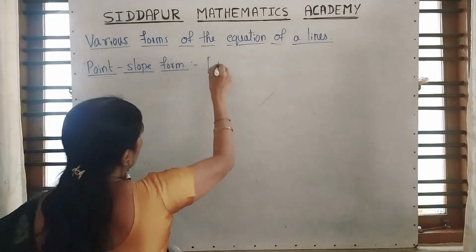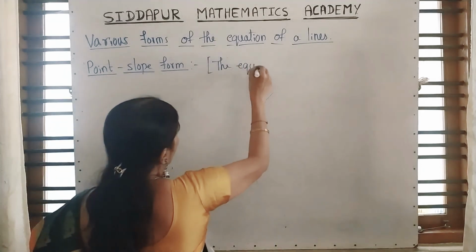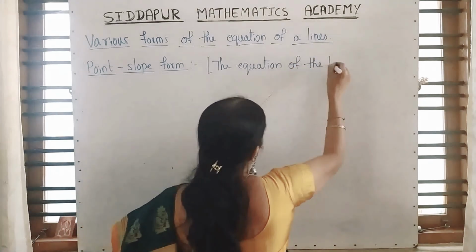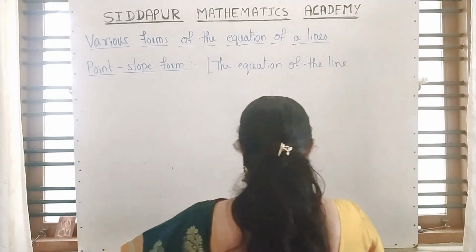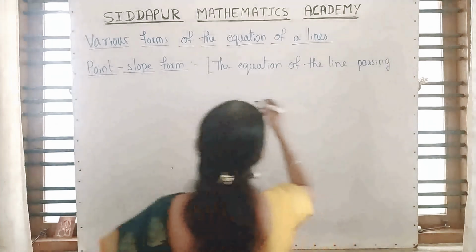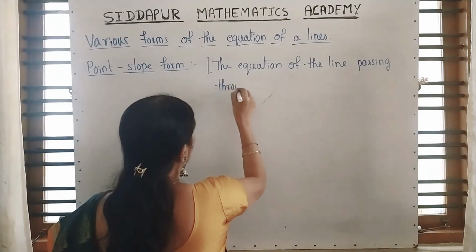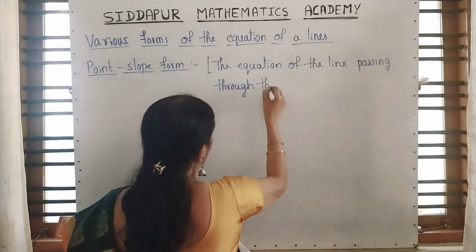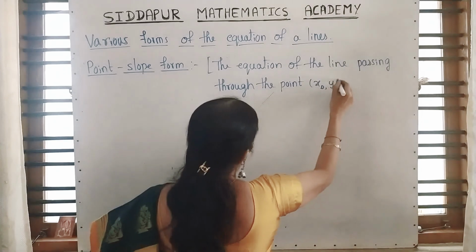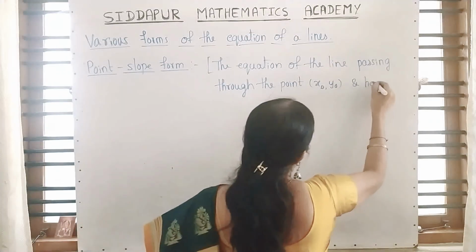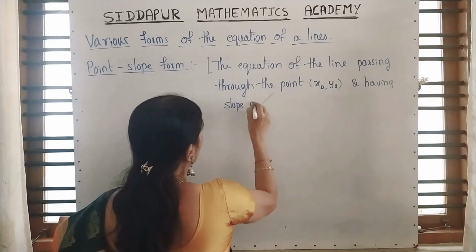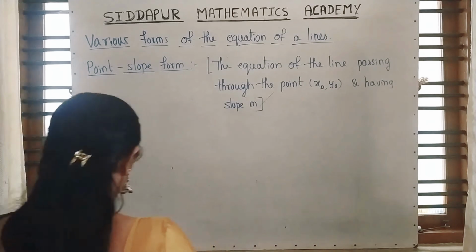That is the equation of the line passing through the point x0, y0 and having slope m. Yes, the name itself gives you everything.